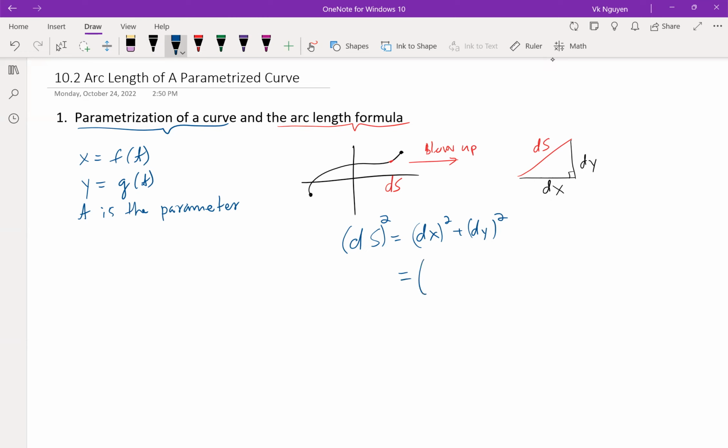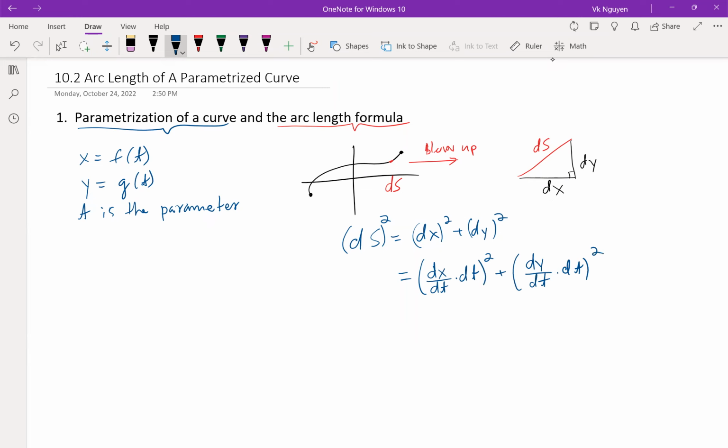So this would be dx over dt times dt, squared, plus dy over dt times dt, squared.